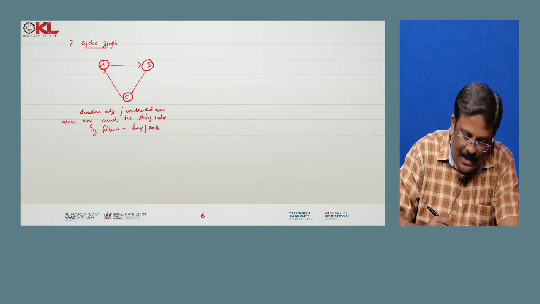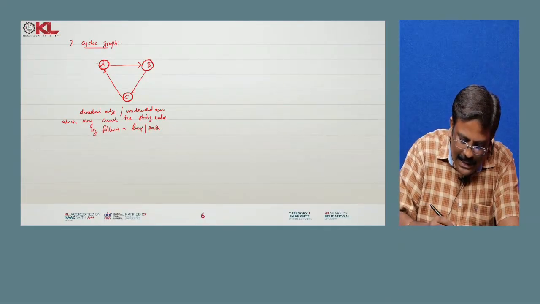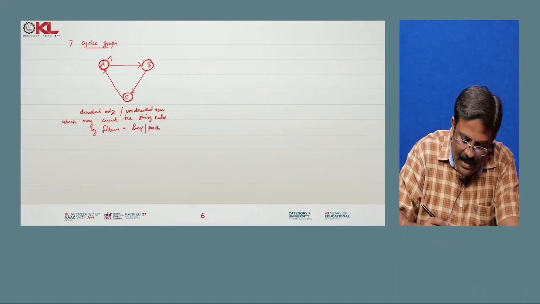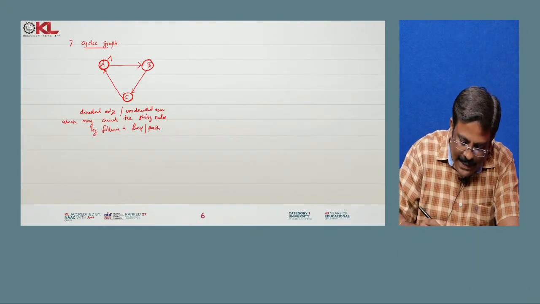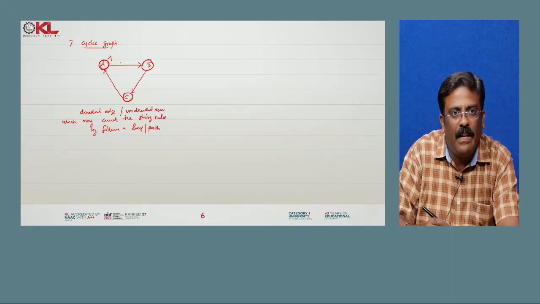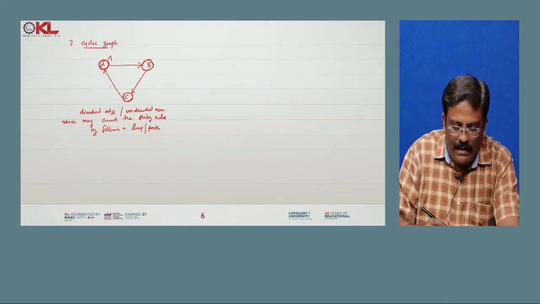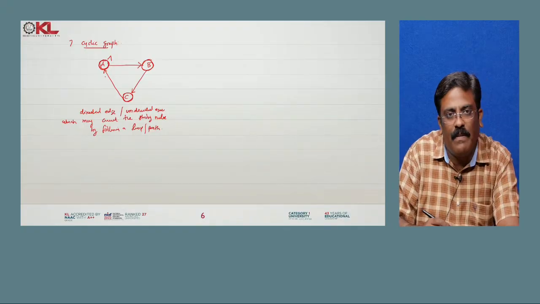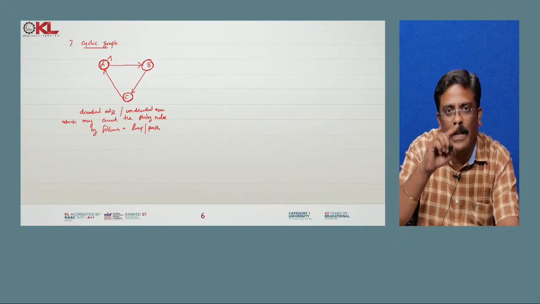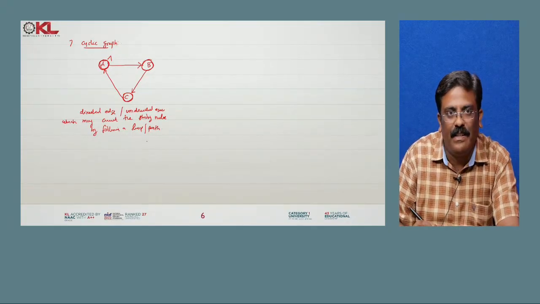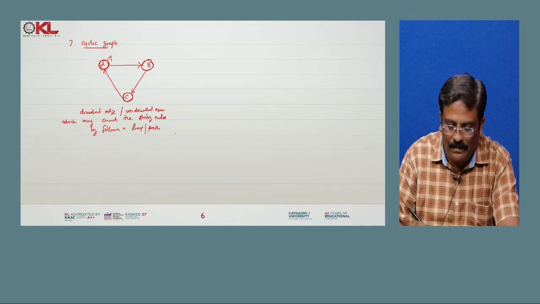We start from A, go to B, B comes to C, and C goes to A. So we started from A and reached back to A. The graph has a cycle, or a loop, where we can start from one node and come back to the same node by means of the loop or the path that exists. That is a cyclic graph.